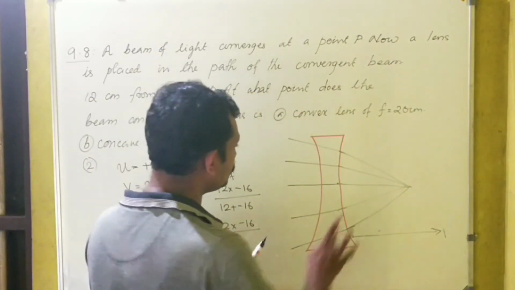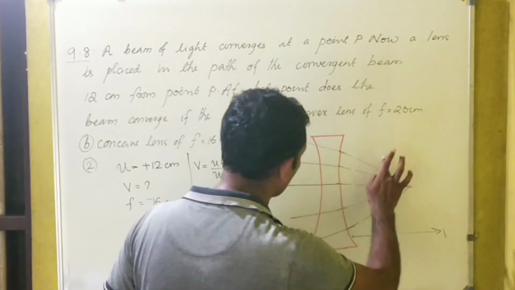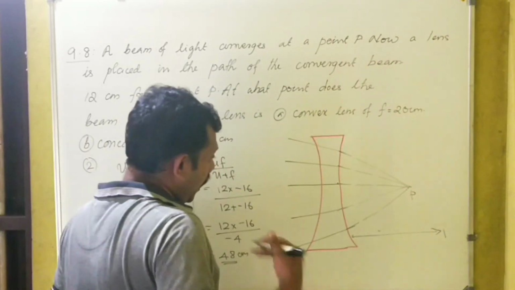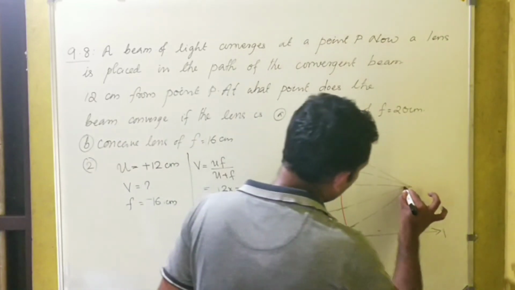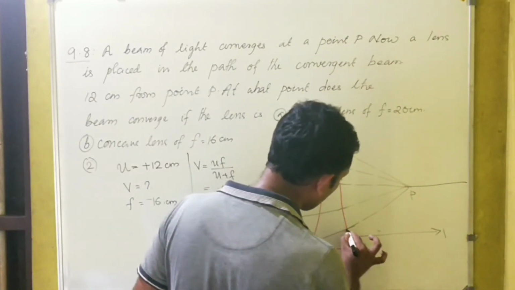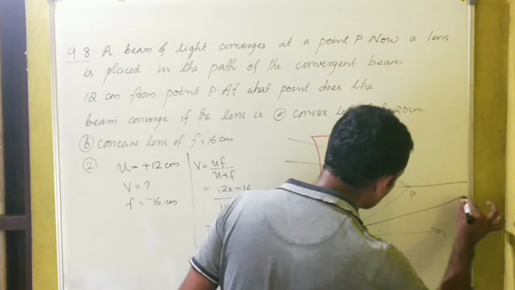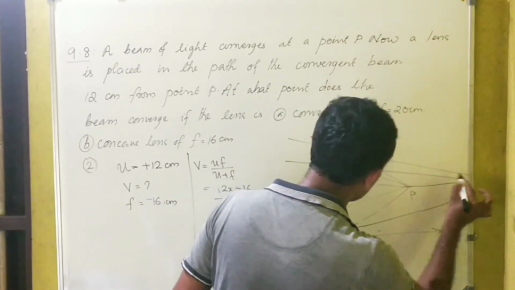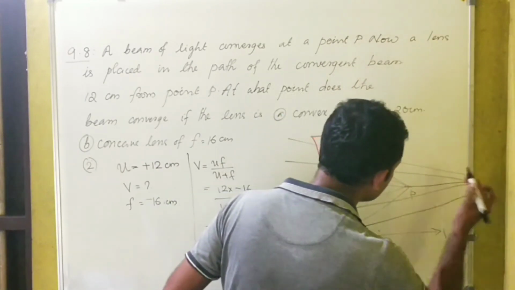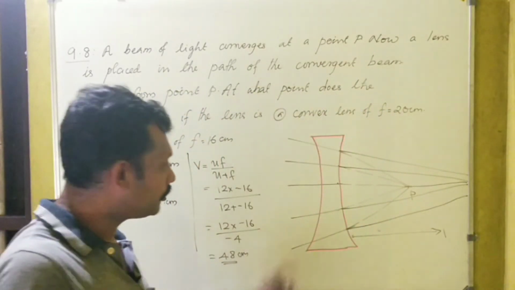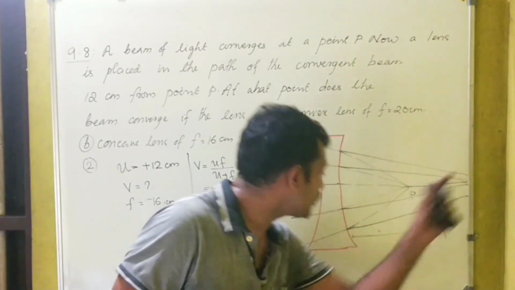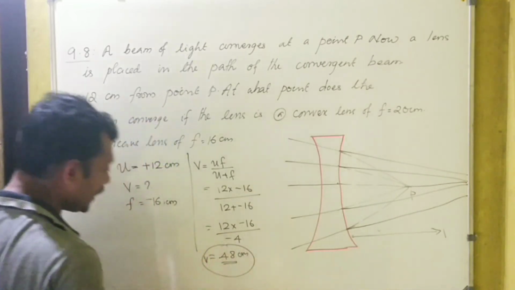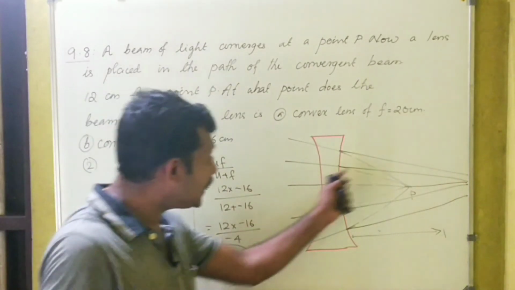This is the actual point P. As a result of placing a divergent lens, this beam will be diverged, so you will get the image at a distance of 48 centimeter from the lens. 48 is beyond the board, that's the reason why I drew it likewise.